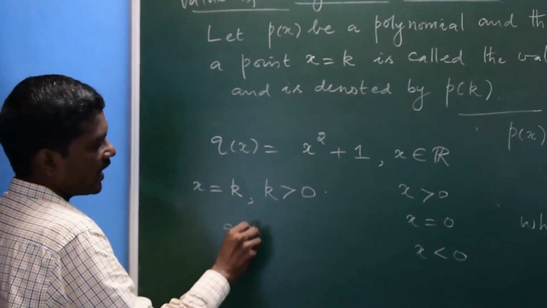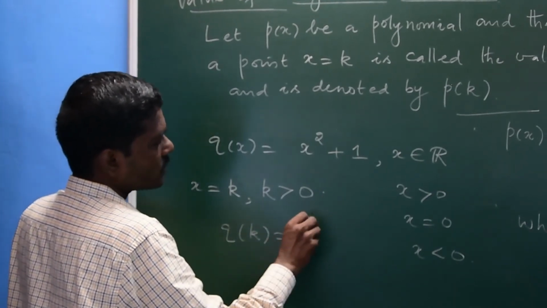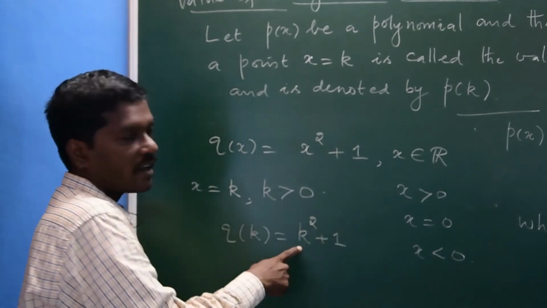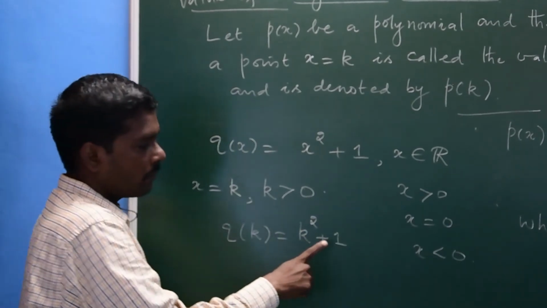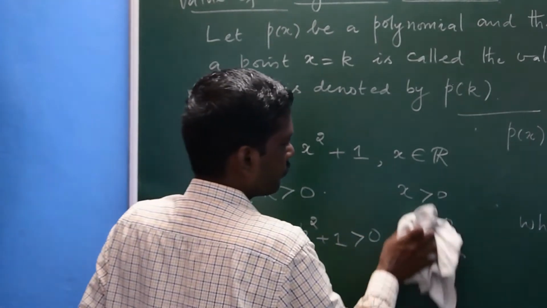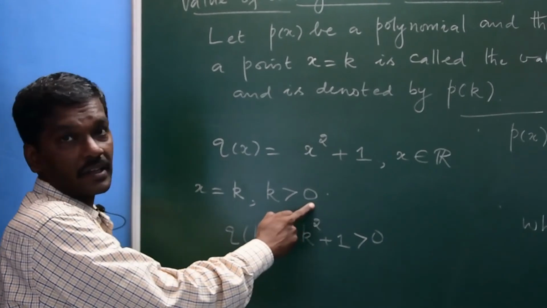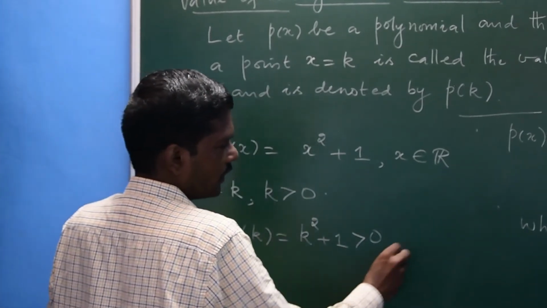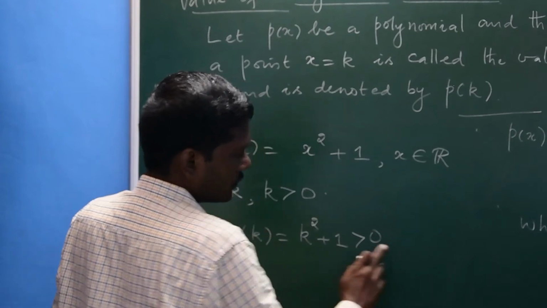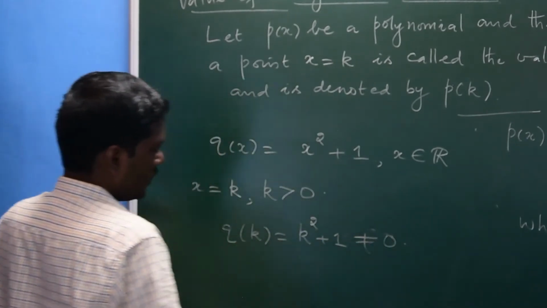So q of k is k square plus 1. The square of a real number is always positive. Positive plus positive is greater than 0, right? So in the first case, when x is equal to k greater than 0, it is positive, so this is not 0 and it is not going to be equal to 0.